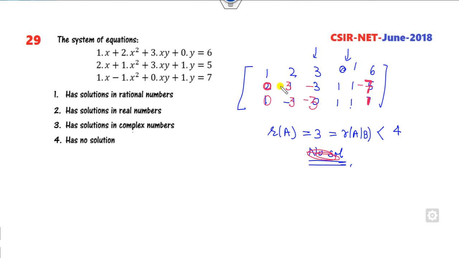Now if I simply subtract them, it will be 0, 0, 0, and 8. So the rank of A is 2, the rank of the augmented matrix is 3, both are not the same, it has no solution. The rest of the options are cancelled out, and the right answer is B, the last option.